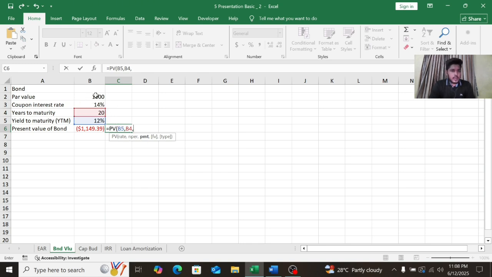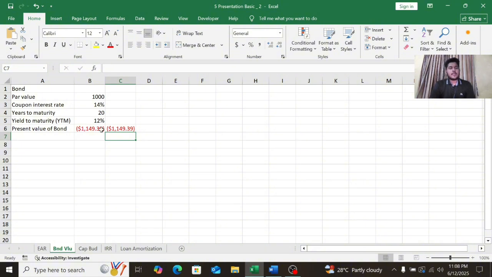The payment will be par value into coupon interest rate. And our future value is 1000, what we get at the maturity. So we're going to close it and enter. So see, it is the present value of our bond. Using the present value and calculating with our interest rate, we can get the present value of the bond. So let's move to the next one.